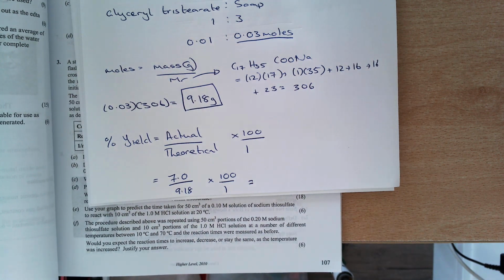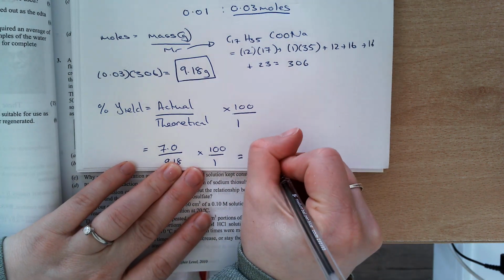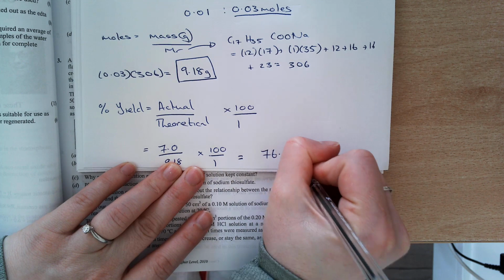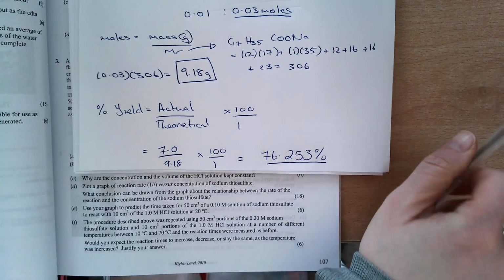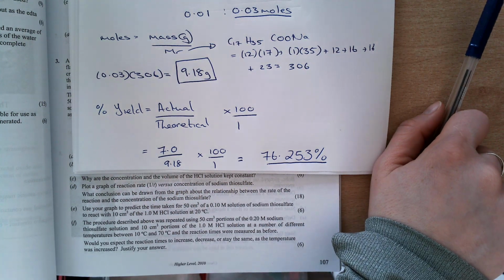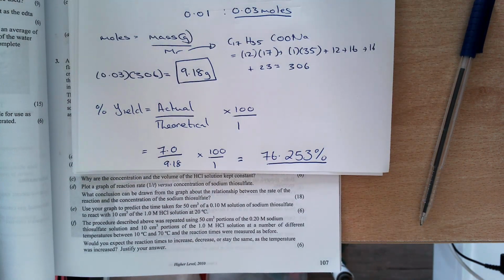So 7.0 divided by 9.18, multiplied by 100 over 1, equals 76.253%. So that is your percentage yield, the amount of soap that you actually ended up getting.